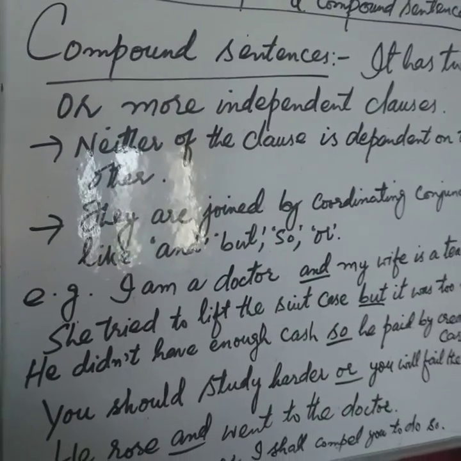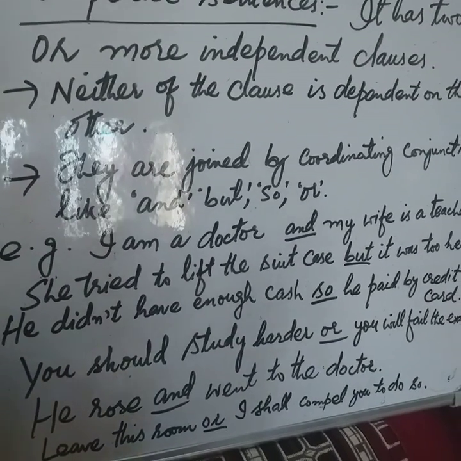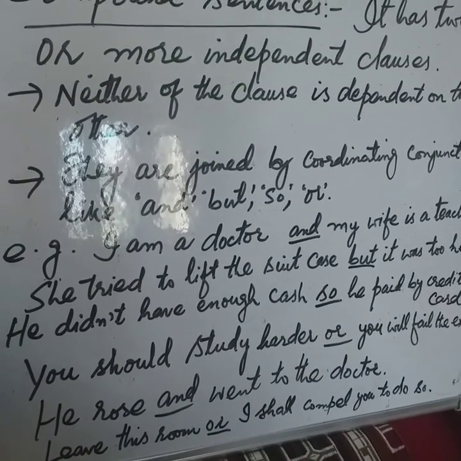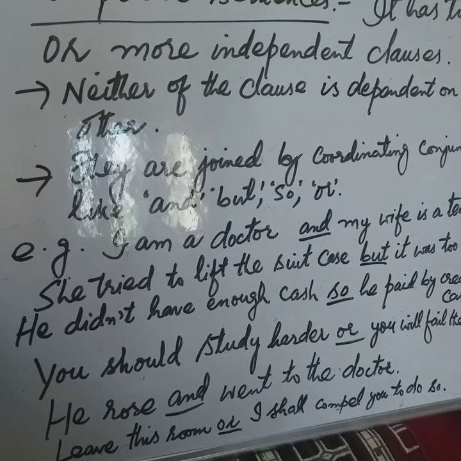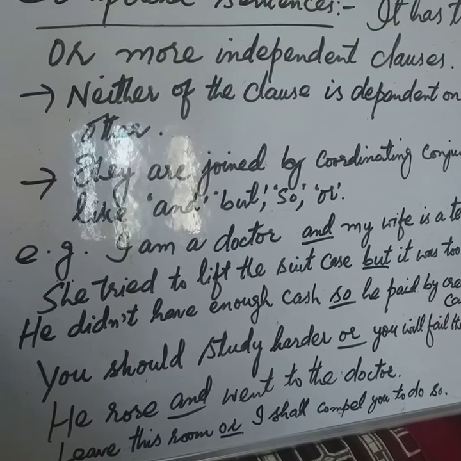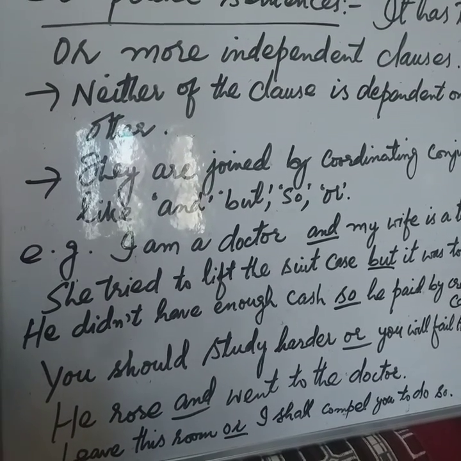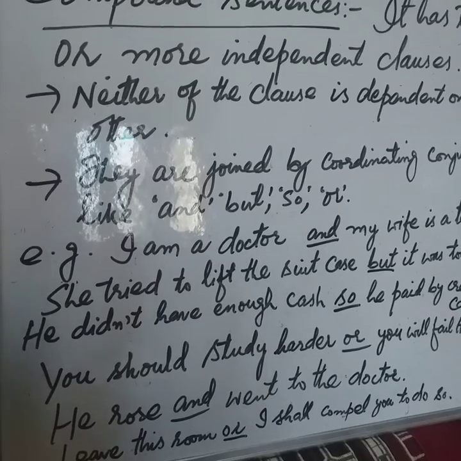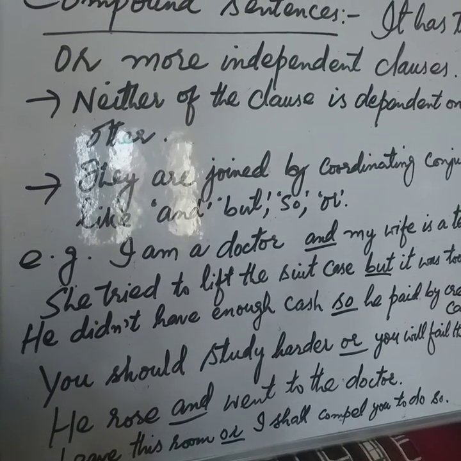Let us take some examples to understand it clearly. Dear students, there is an example. I am a doctor and my wife is a teacher. Look at these. These are two independent clauses. I am a doctor. It's one independent clause. My wife is a teacher. It's another independent clause.